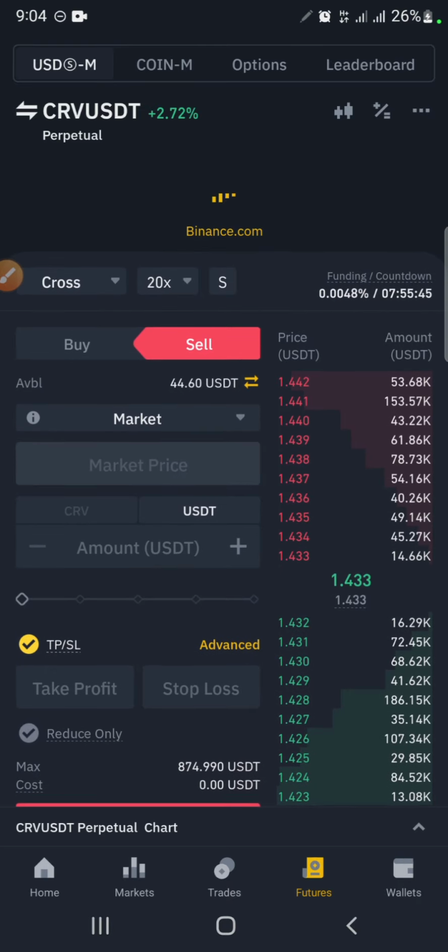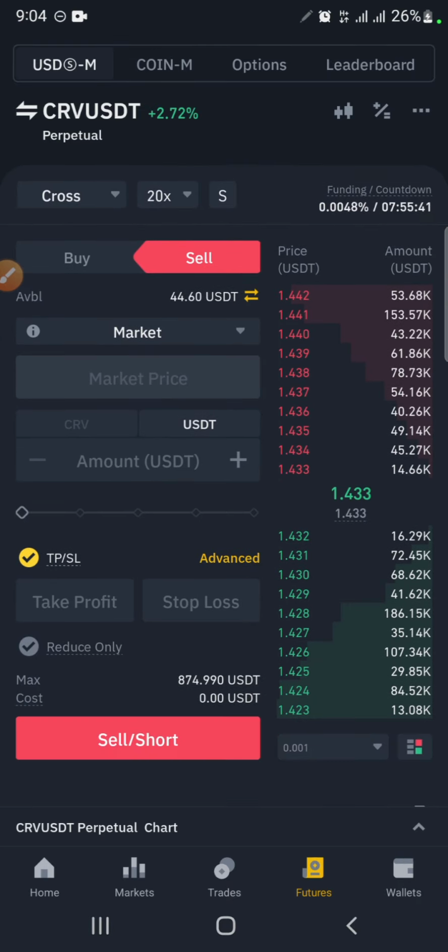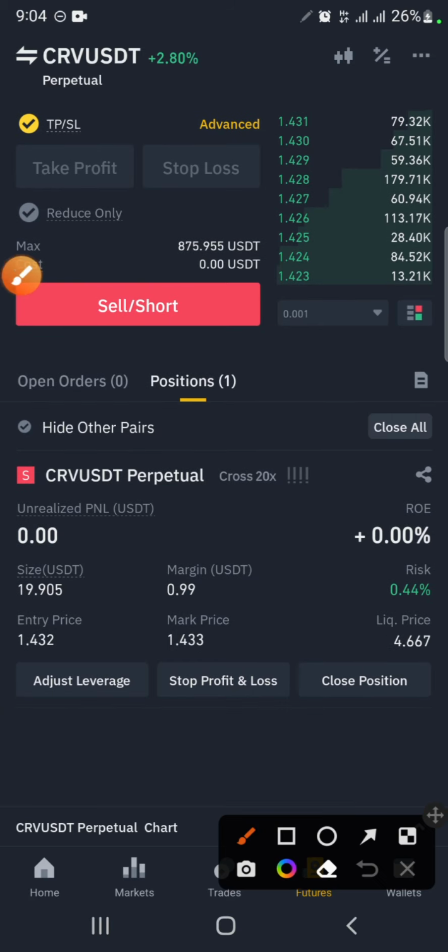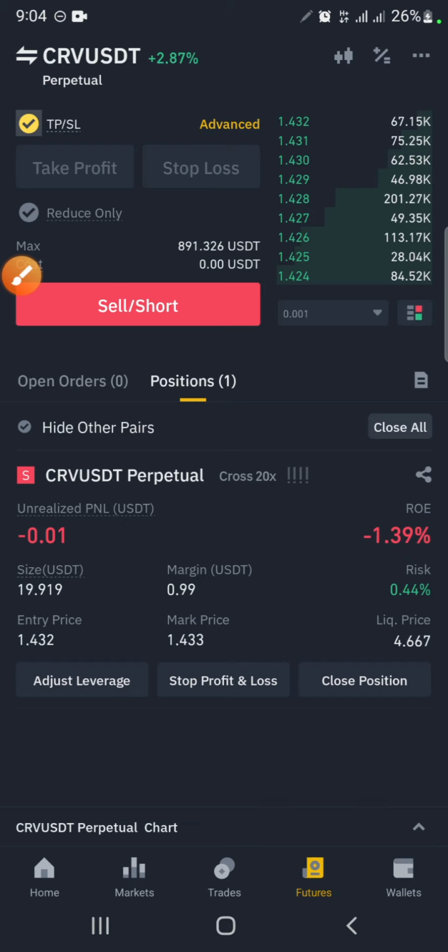As you're adding more money, if you're in negative, it will reduce the negative, and if you're in positive, it will reduce the positive, which is this percentage here. That's how it works. When it comes to adding money, you have to be very vigilant, and this calls for you to monitor your trade.